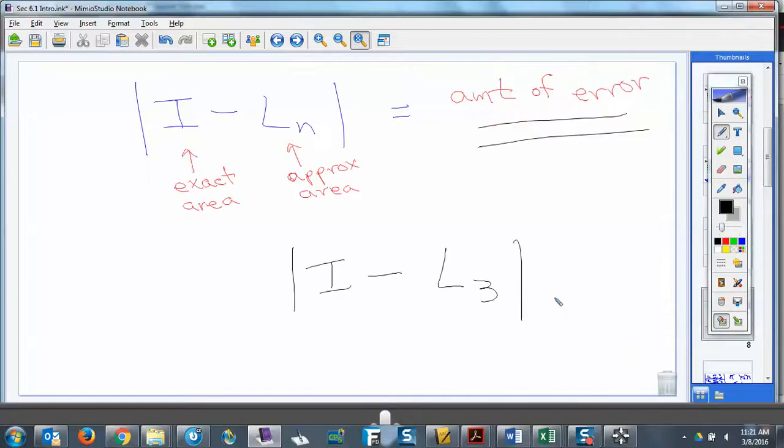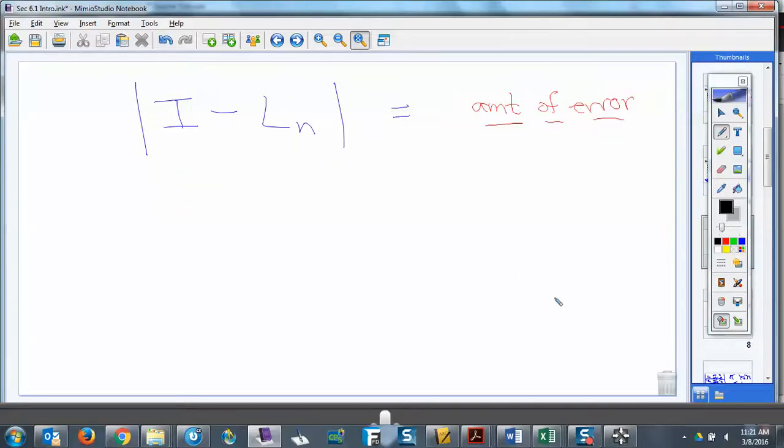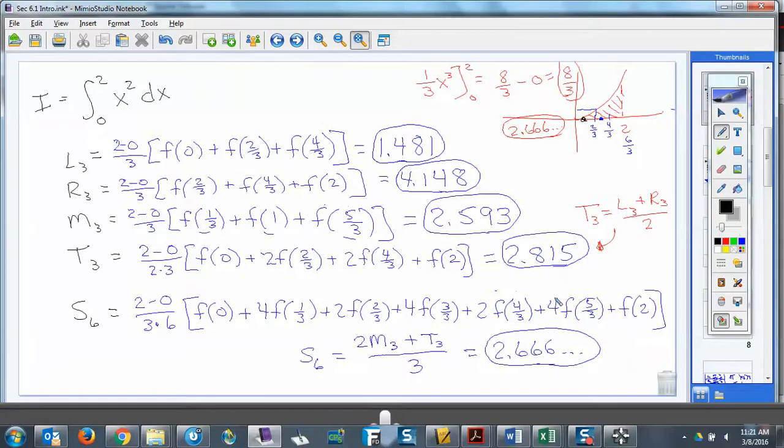And then find L3, which we did, and then subtract it. It's just the amount of error. Find out how much each of those are off. So we can take each one of our answers here and subtract them from 2.666, and that's what that's asking. Okay? That's all that's saying. How much error is there?